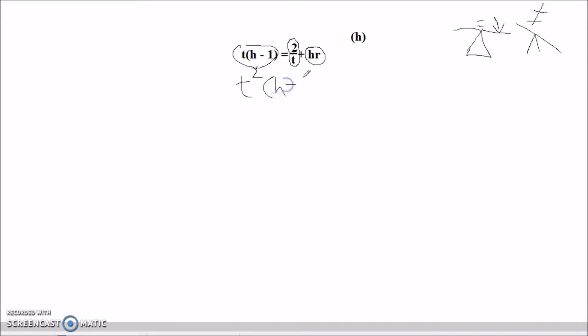The brackets will stay the same. What will happen is this will become 2t. And if you have something at the top and the bottom, they cancel out. So that just becomes 2 plus t hr.